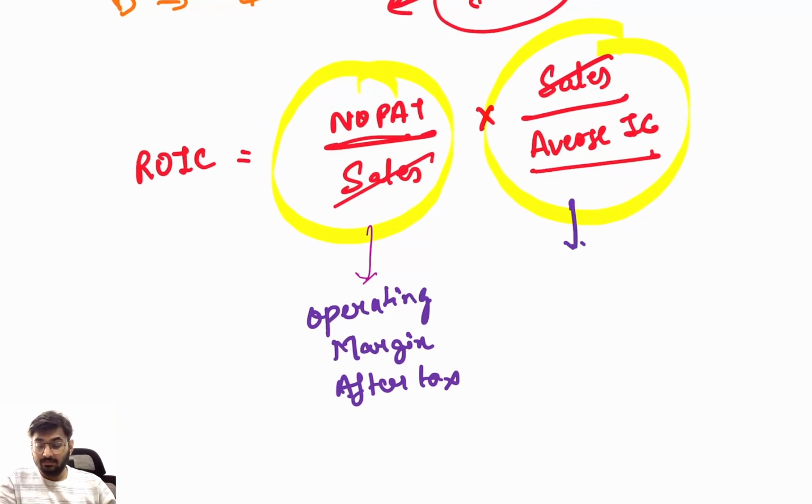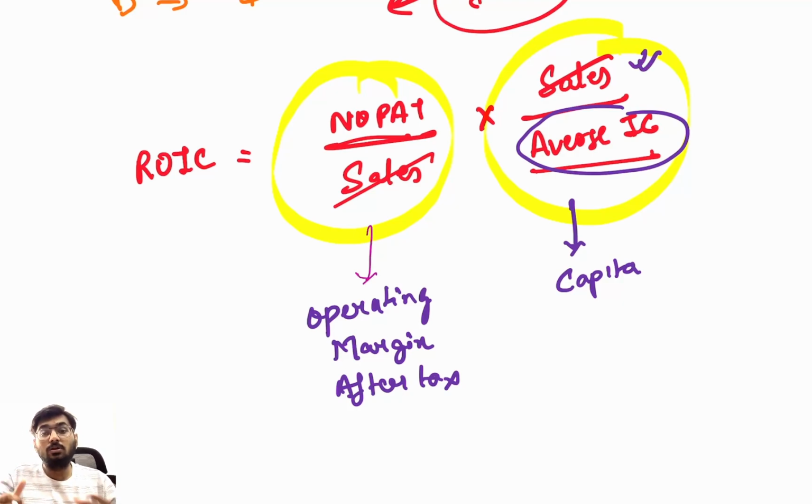Clear? And this one is capital turnover, meaning by putting up this much capital, how much turnover you are making. After putting this much capital, how much turnover or asset turnover are you making. Clear? Capital turnover or asset turnover.